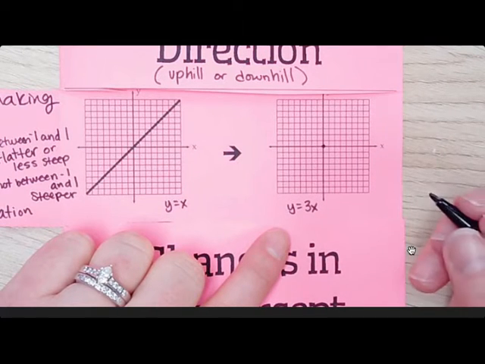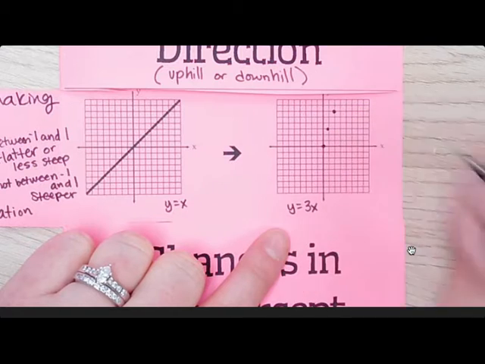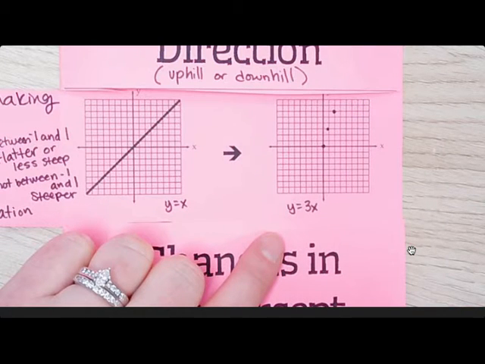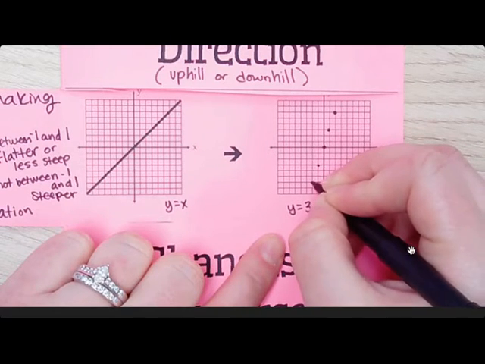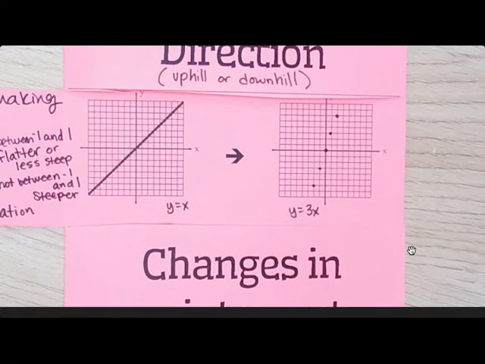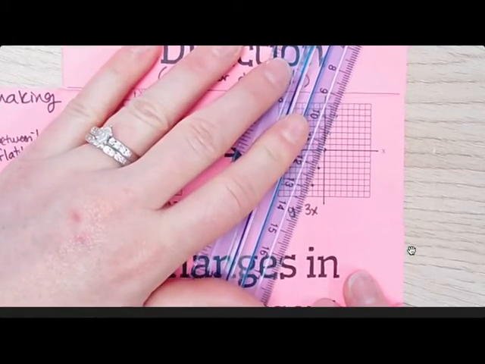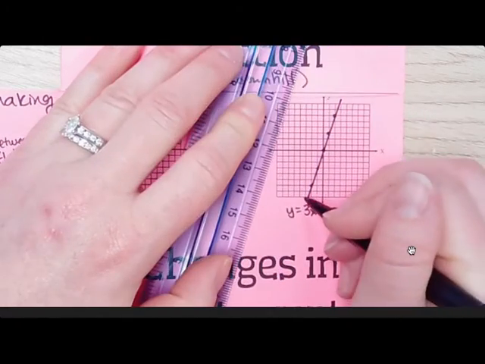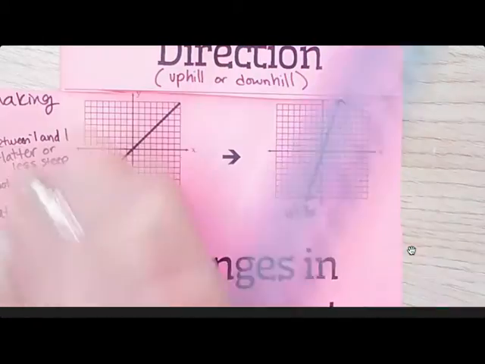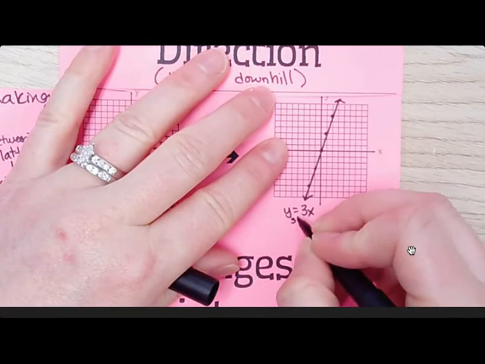So I'm going to count 3 over 1, 3 over 1, 3 over 1, then go down 3 over 1. That's y equals 3x. So this is steeper.